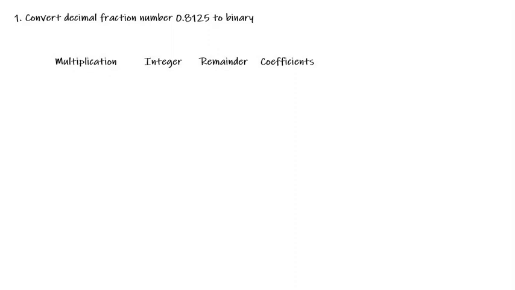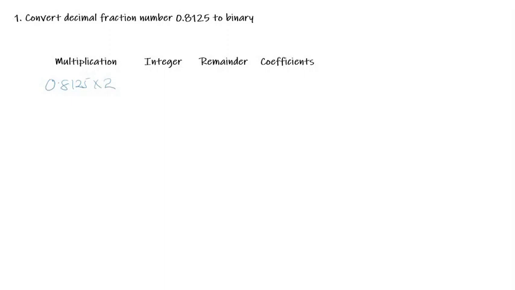Example number 1. Convert the decimal fraction number 0.8125 to binary. To convert this fractional number to binary, we'll follow the 5 steps that we just mentioned. The first thing is we pick this number as a multiplicand and multiply by 2. So I'll pick 0.8125, then I multiply by 2, and this gives me 1.625.